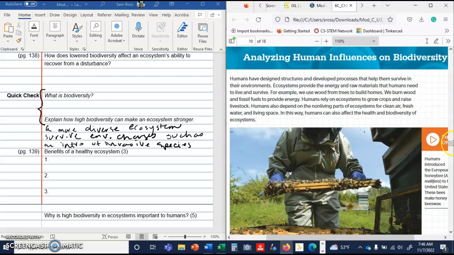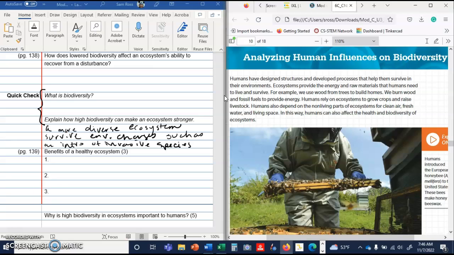I think it's in this one. Benefits of a healthy ecosystem. Humans have designed structures and developed processes that help them to survive in their environments. Ecosystems provide energy and raw materials that humans need to live and survive. So that would be one.